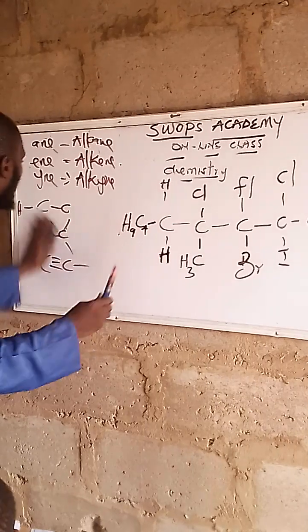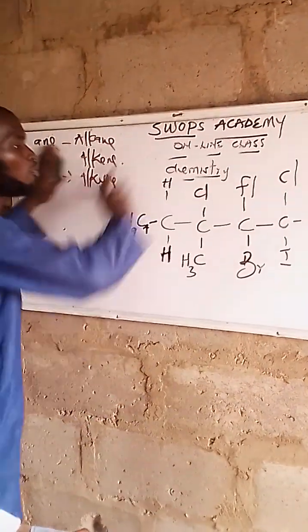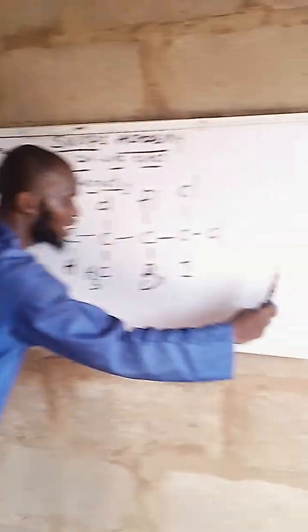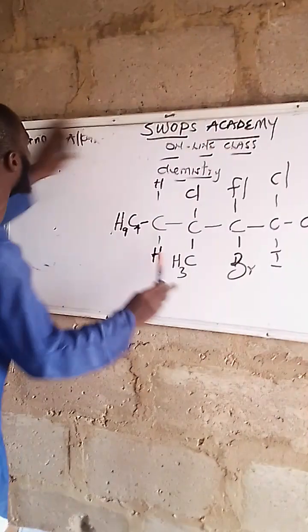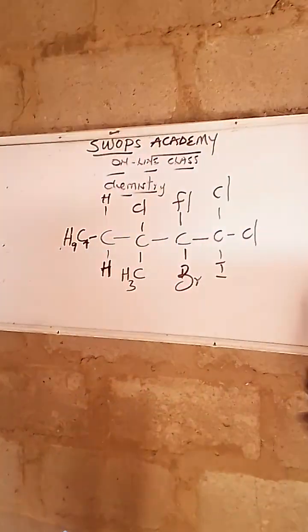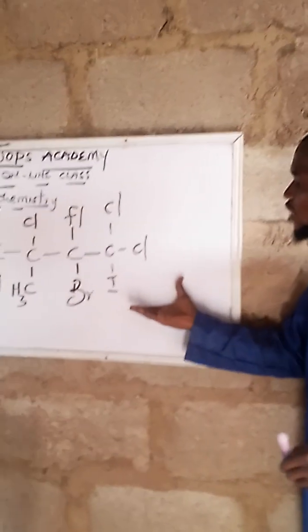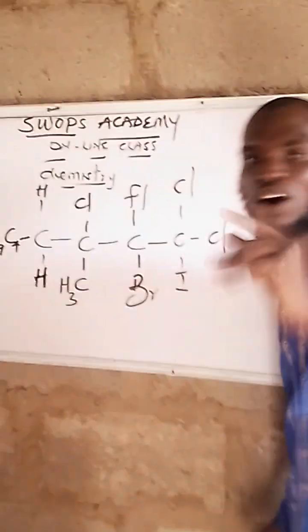Now, the third step: after getting that, whatever we want to do here, when we end it up, we must end it with ANE, which is the alkanes family. This structure belongs to the alkanes group. Now, we have rules regarding this. Rule 1 stated: determine the longest chain.